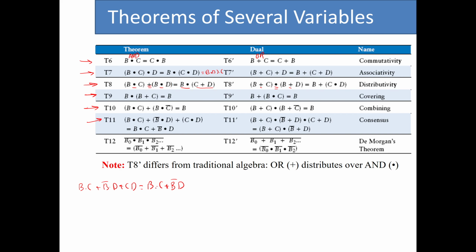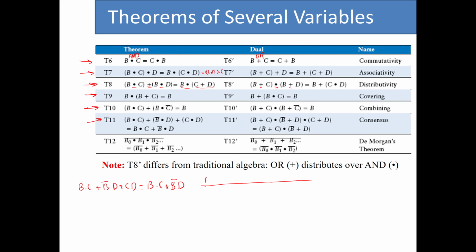As you can see, sometimes I put the dot, sometimes I don't put the dot, right? These are equivalent. Whether I put the dot or not, when I write two variables or their complements next to each other, that basically means that they are ANDed together. So now let's see, what do we have for this one?